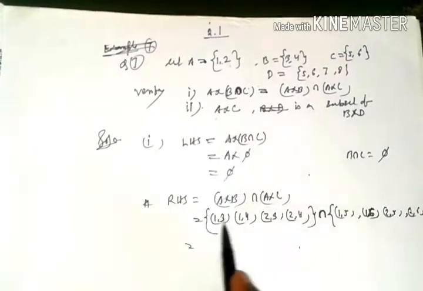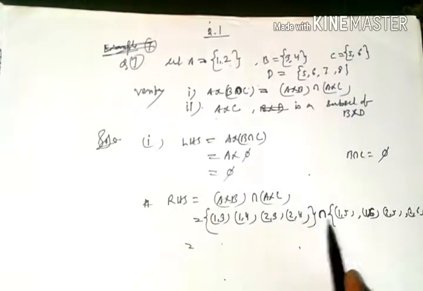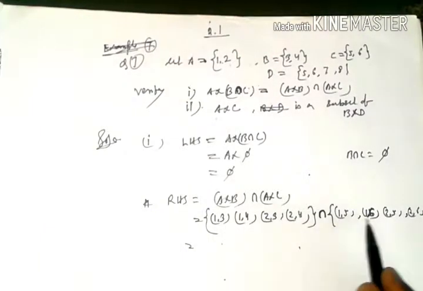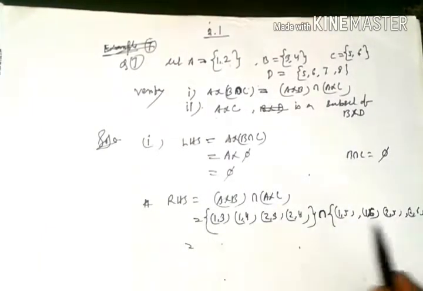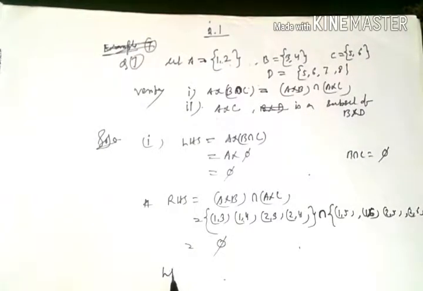Now what is the intersection of this and this? (1, 3), there is no; (1, 4), there is no, so the intersection is phi. Thus we get LHS is equal to RHS. Very fine.